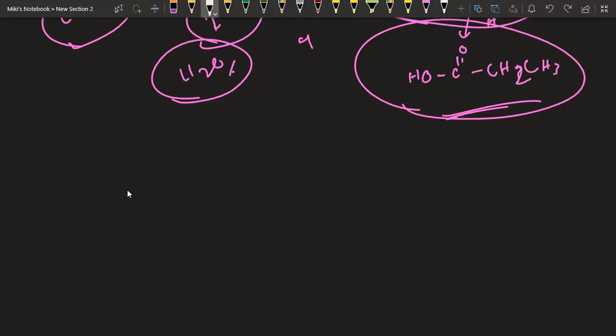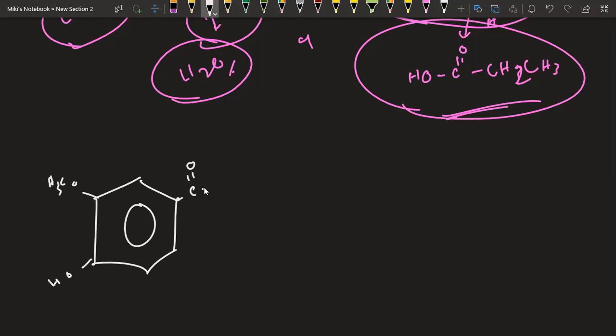We have this molecule here: OCH3, OH, CO, CH3, and we have our molecule A, which in this case is CH2, CH, no, this is C double bond O, COOH, C double bond O, COOH.